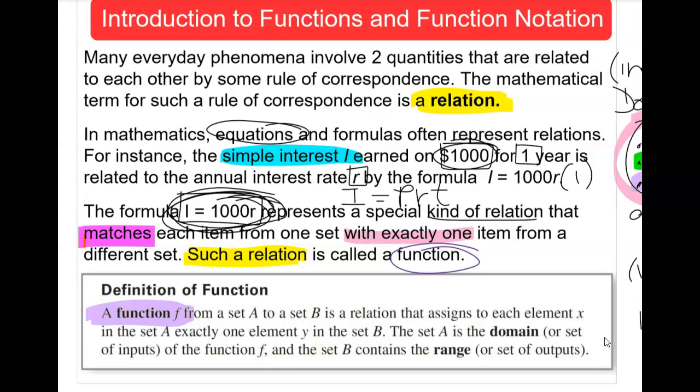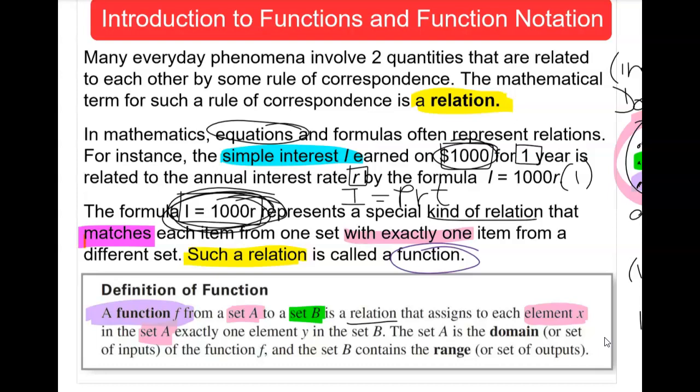So a function f from set A to set B is a relation that assigns to each element x in the set A. So again, set A contains the elements of x.